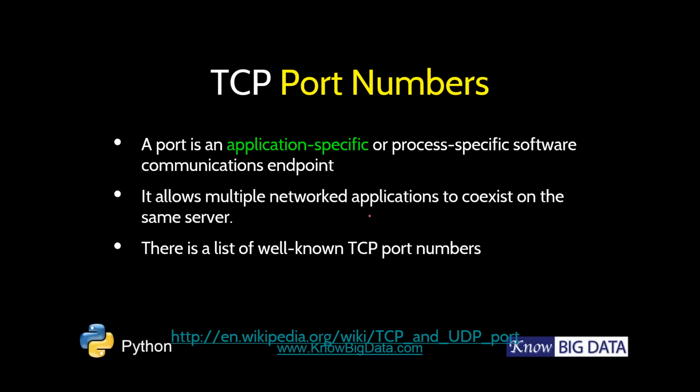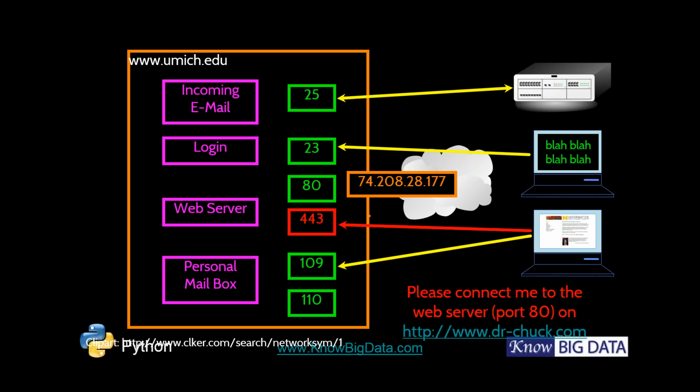It allows multiple networked applications to coexist on the same server. So the same server can have multiple processes, multiple applications which can communicate to multiple processes on the other side. There are some well-defined port numbers, which are listed out here: 25, 23, 80, 443.